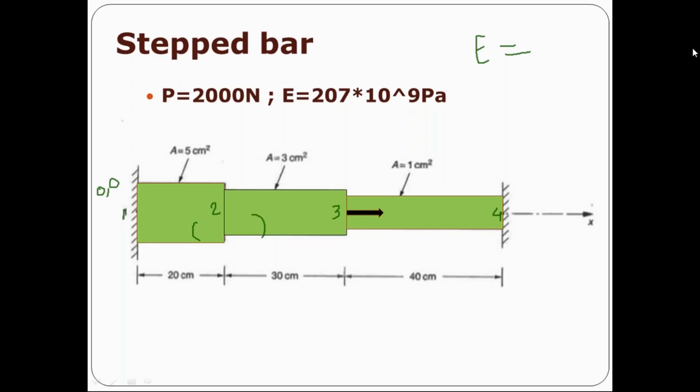Please tell me the value of Young's modulus. No, no. E is 207 times 10 raised to 9. Remember, you have to change the unit now. It is different.